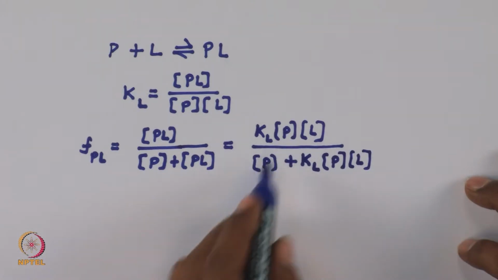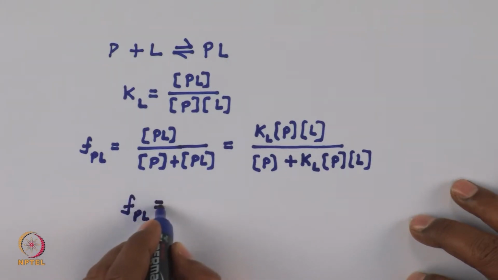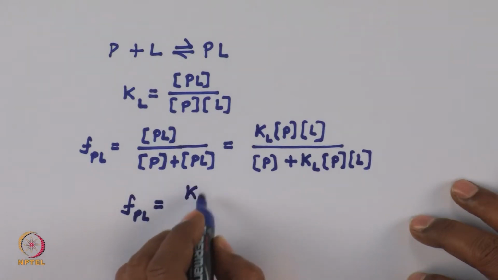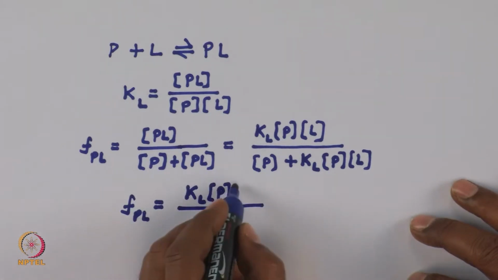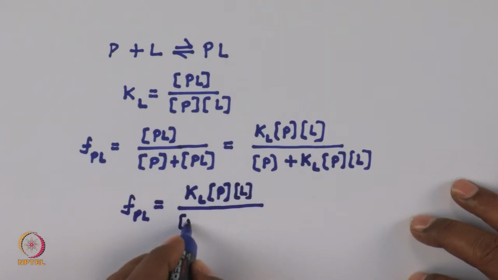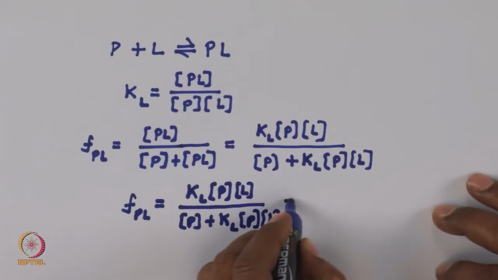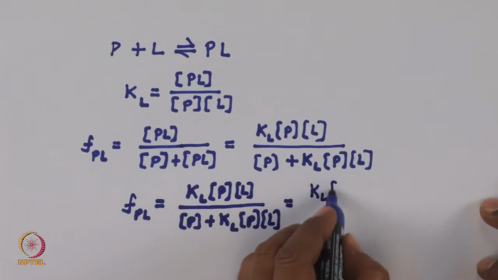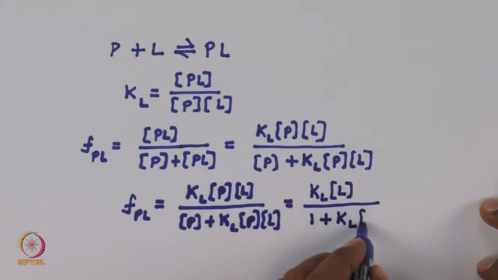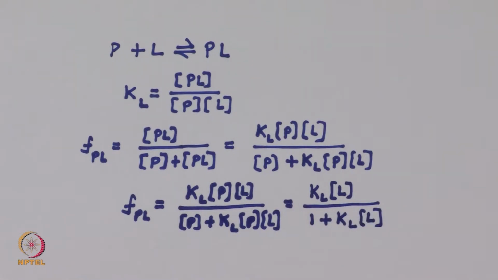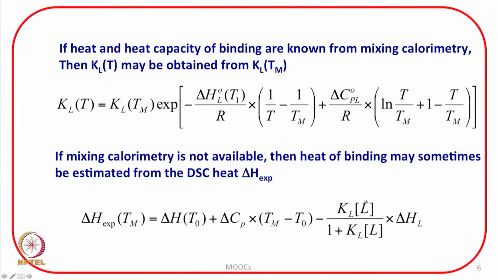Now, I can get rid of concentration of P, which is a common factor over here. So, fraction of the ligated protein is equal to KL into concentration of P over, let me rewrite again, P plus KL into P into L, let us remove P. So, it is KL into L over 1 plus KL into concentration of L. Now, let us go back to the slide, and this is what is substituted over here.